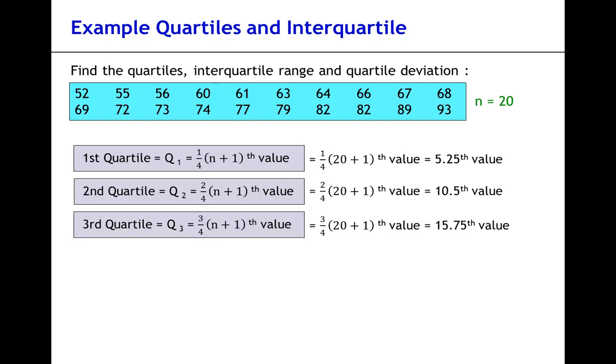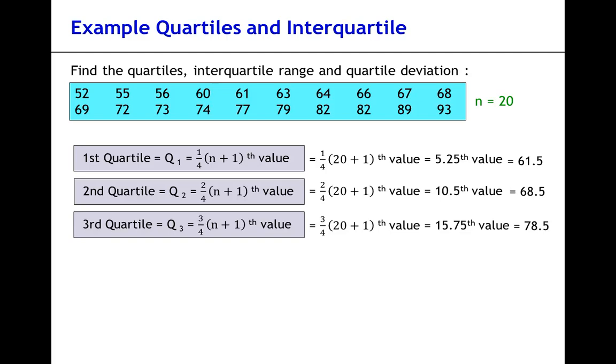For Q sub 1, prorate between the 5th and 6th value to get 61.5. For Q sub 2, take the average of the 10th and the 11th value to get 68.5. For Q sub 3, prorate between the 15th and the 16th value to get 78.5.